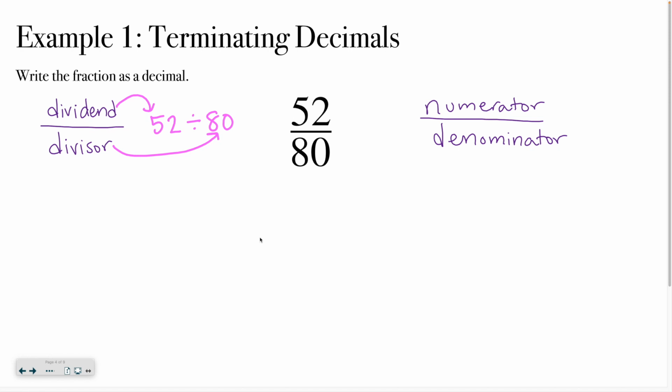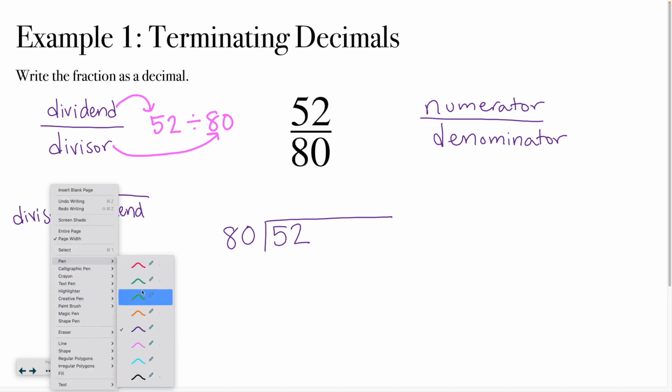Okay, but when we are solving something like this, we're going to do some long division. So that means that you take your dividend and you put it inside the house, and you put the divisor outside of the house. So it goes dividend inside and divisor outside.